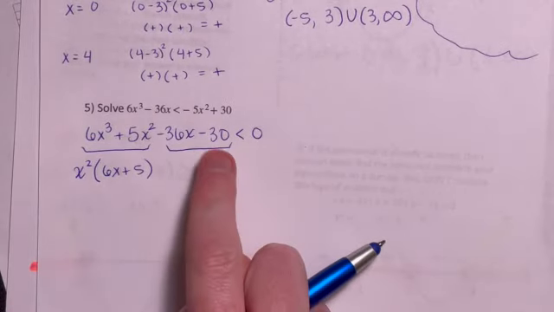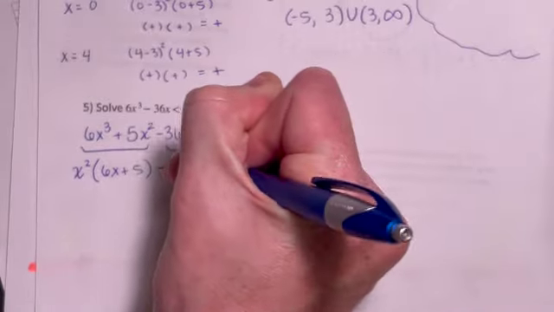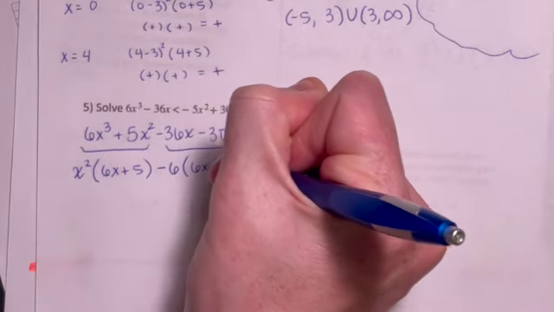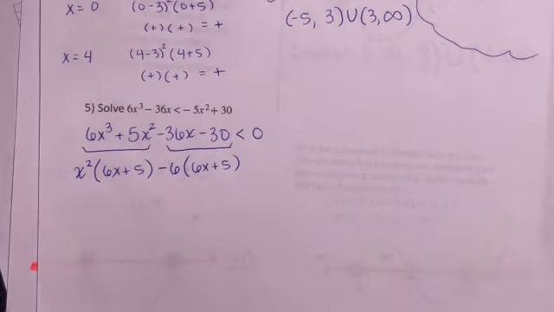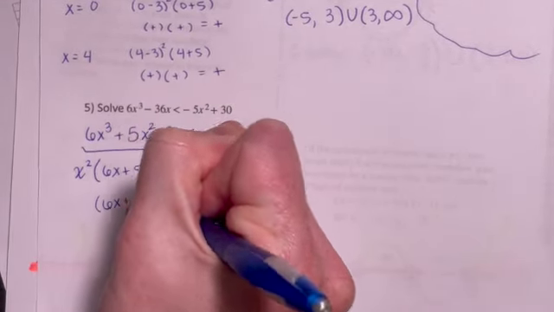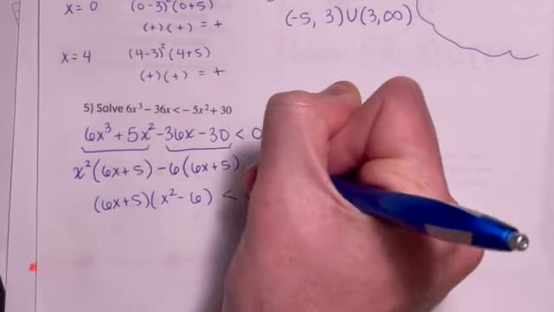Then we look at the other pair. Negative 36x minus 30 has a GCF of -6, which leaves us with 6x plus 5. So we can factor this by grouping into 6x plus 5 times x squared minus 6 is less than 0.